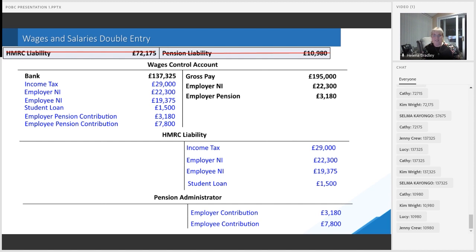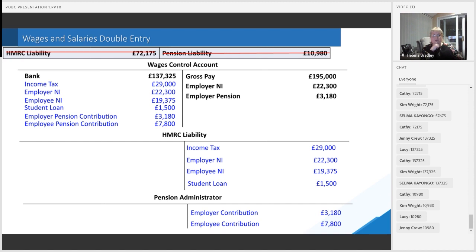That's a few figures there to check. So the debits and the credits of the wages control should agree.